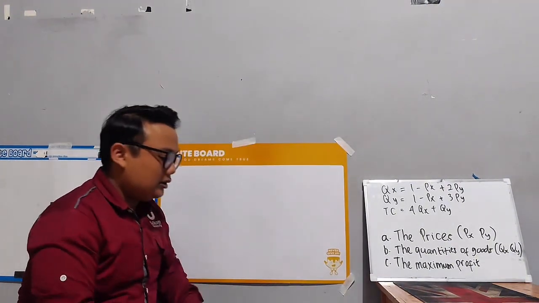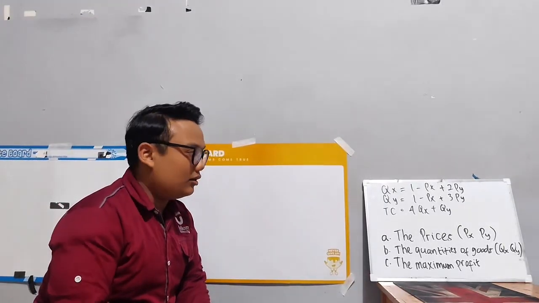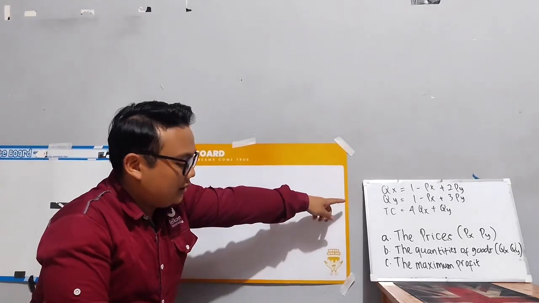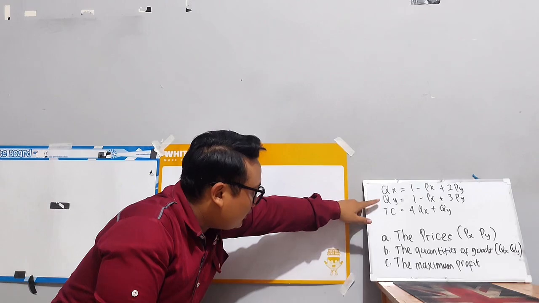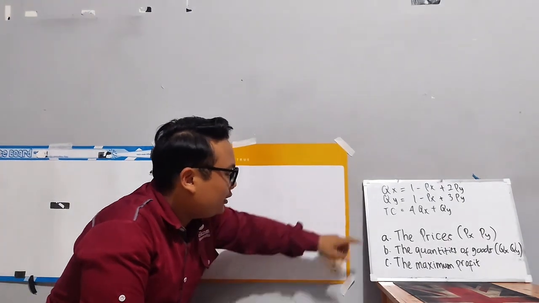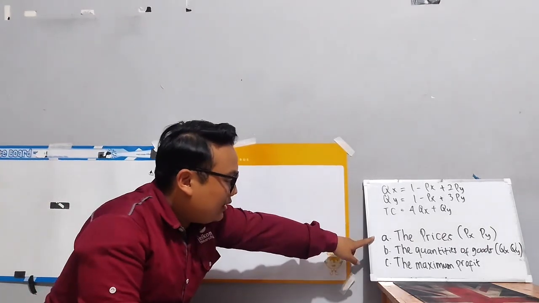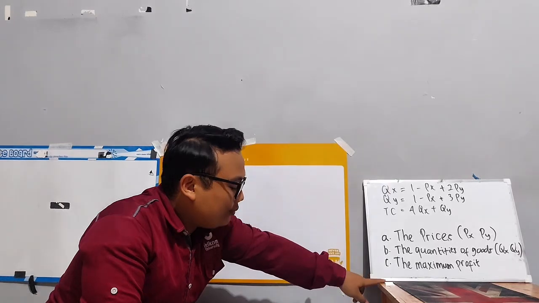We are given demand functions for two types of goods and the total cost function, or TC, as follows. What are the prices, the quantities of goods, and the maximum profit?